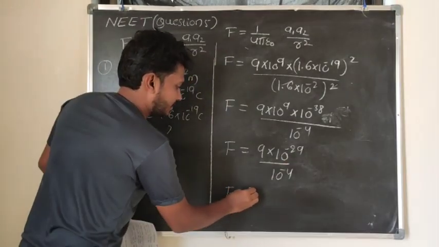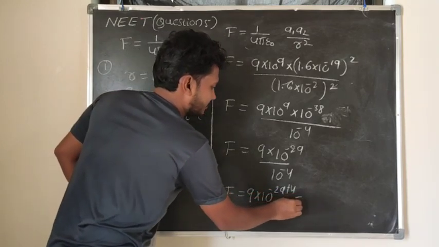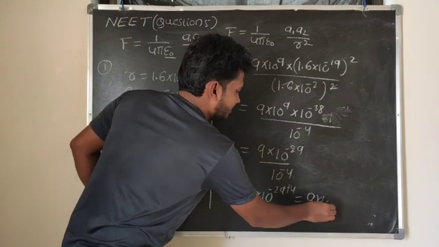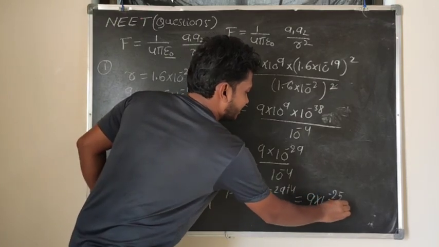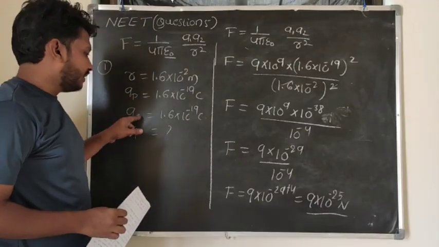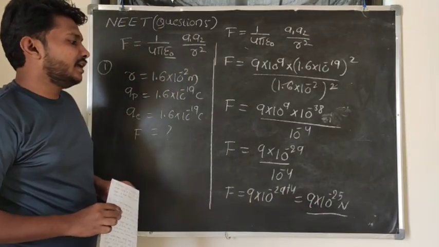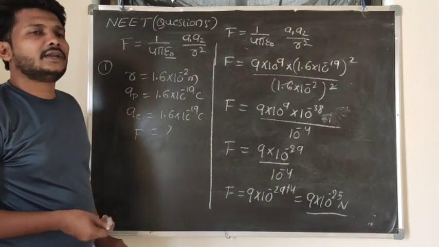So F is equal to 9 into 10 to the power of minus 29 plus 4, so 9 into 10 to the power of minus 25 Newton. What is the force between the proton and the electron here? The force between the proton and electron is 9 into 10 to the power of minus 25 Newton.